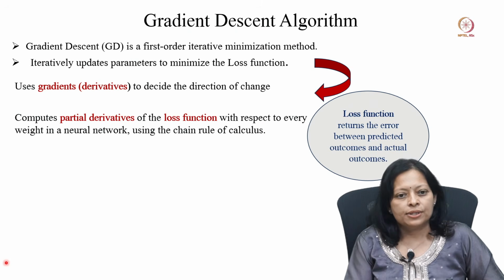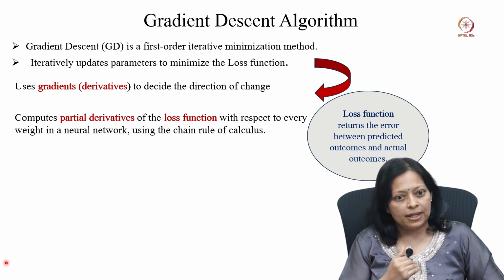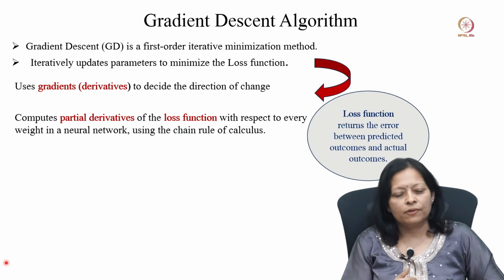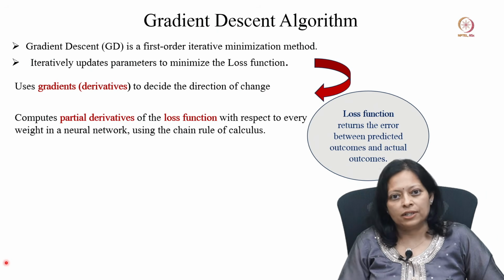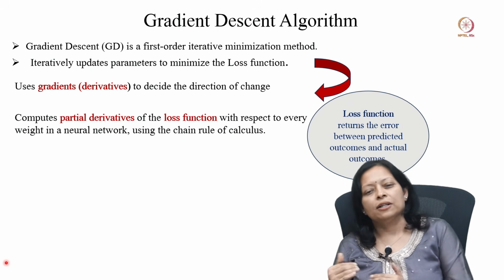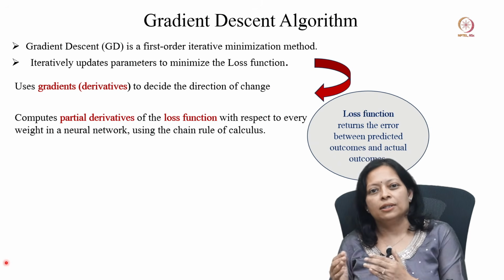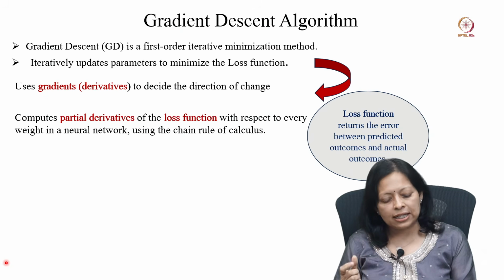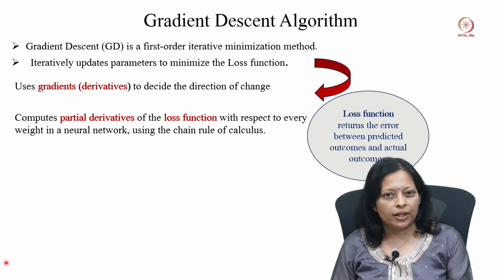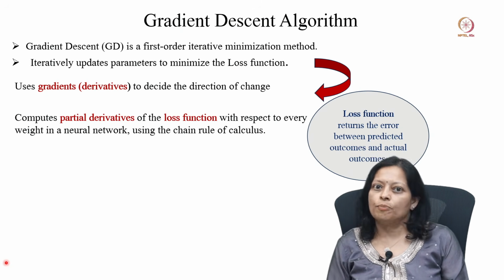We will now try to see, step by step, what a derivative is, what a gradient is, what a partial derivative is, and how these are used to update the weights and biases in a neural network, which finally affects the loss function, that is, to reduce the loss function. We will see how this entire process is done using gradients, derivatives and partial derivatives.